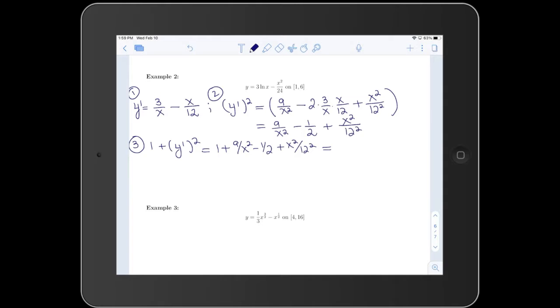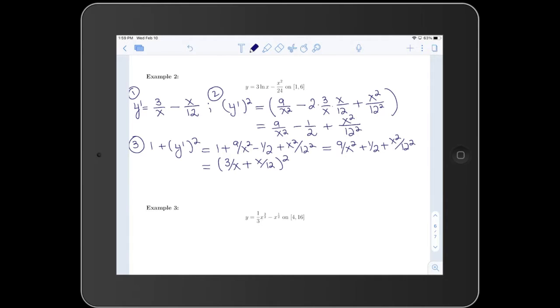That's positive 1/2. Oh, that's nice because it's exactly the same as we've already been dealing with, right? So this is a perfect square. This is another perfect square. Which one is it? That would be 3 over x plus x over 12 squared.